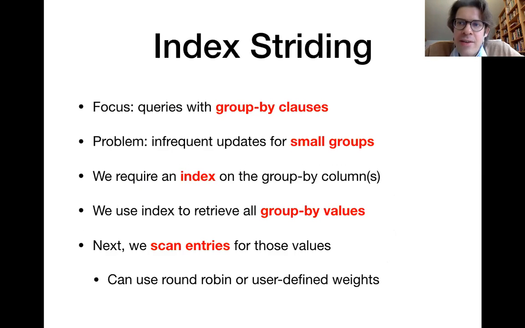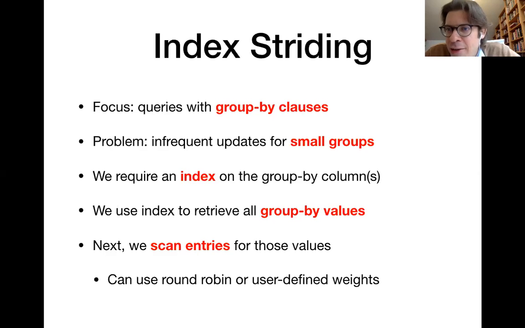One technique specifically for group by queries is index striding. If you have a group by query, then one thing you could always do is just scan the data in the order in which you have it. And then you could hope that maybe you find about an equal share of members for each of the groups in the query, so all of the groups are updated quite frequently.